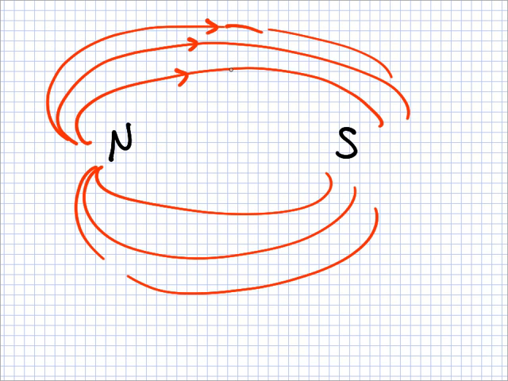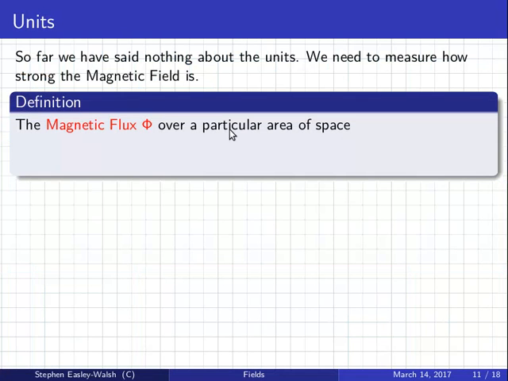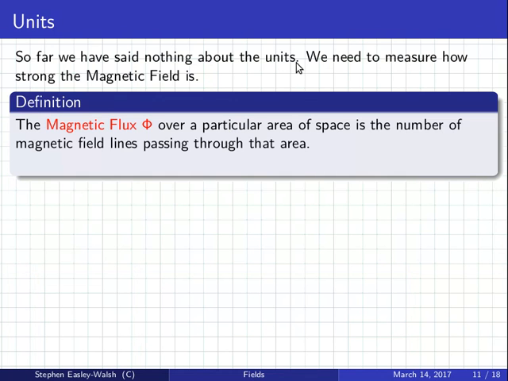Imagine I'm looking at this part of space, and I want to know how strong the magnet is there. We call that the magnetic flux, and simply it's the number of magnetic field lines passing through the area.